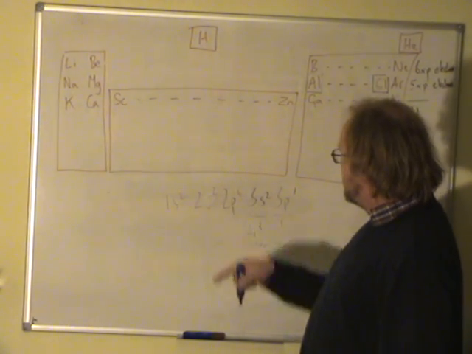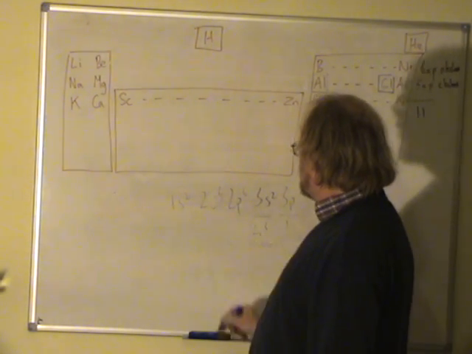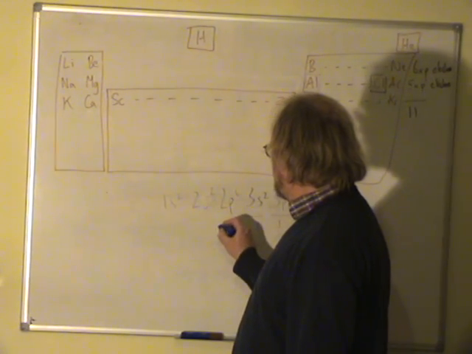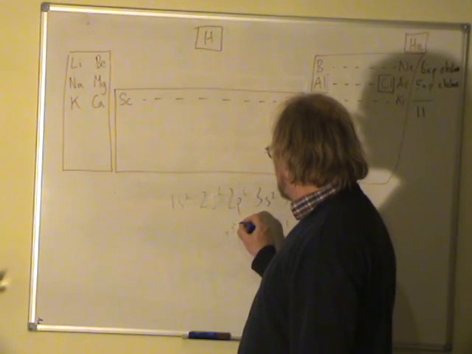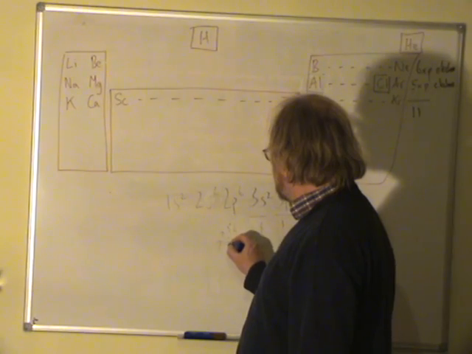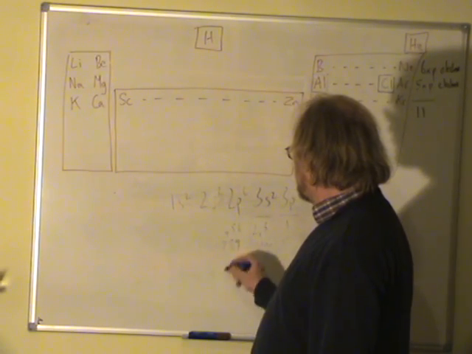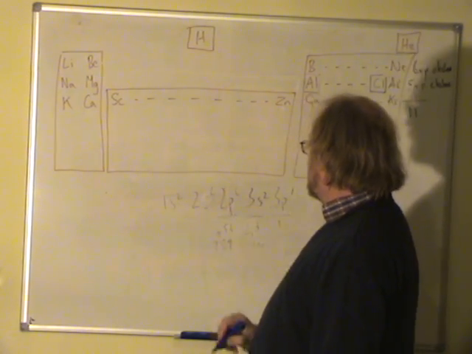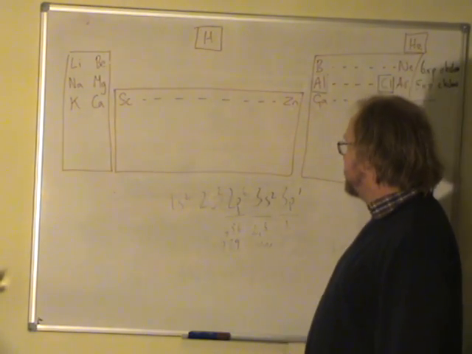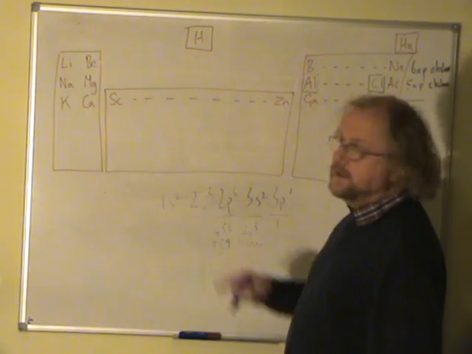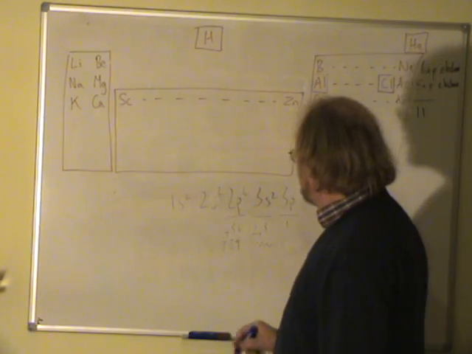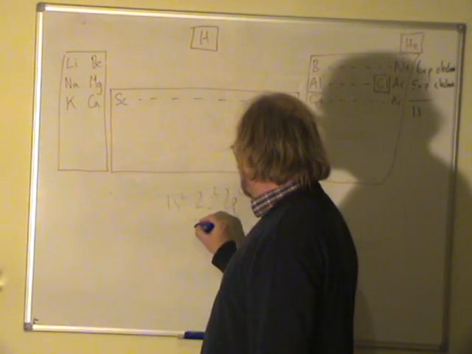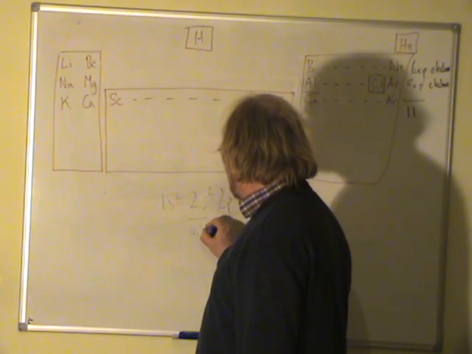Then we go back again, and now we're emptying 2p. And there are 6 electrons in there, so that'll be 4, 5, 6, 7, 8, and 9, all coming from 2p. Now there are 2 electrons coming out of 2s. So that will be the 10th and 11th.